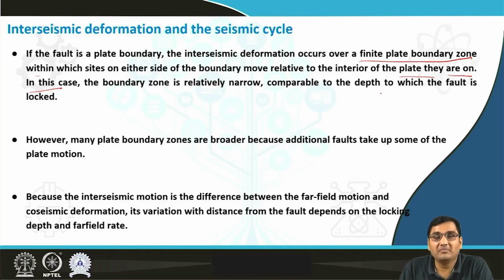However, many plate boundary zones are broader because additional faults take up some of the plate motion. Because the interseismic motion is the difference between the far field motion and the coseismic motion that we just talked about, its variation with distance from the fault depends on the locking depth and the far field rate.